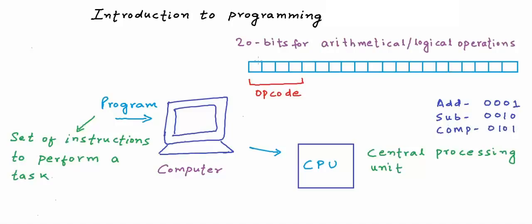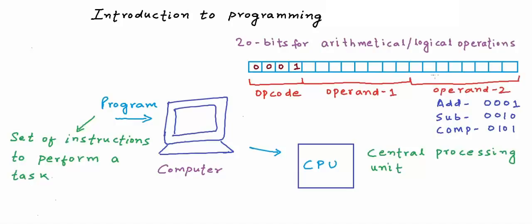So if we want to have an instruction to add two numbers, these 4 bits must be 0001. And let's say rest of the specification is that the next 8 bits must be the first operand. The numbers upon which you perform operations are called operands. The next 8 bits can be the second operand. Let's say you want instruction to add numbers 4 and 5.